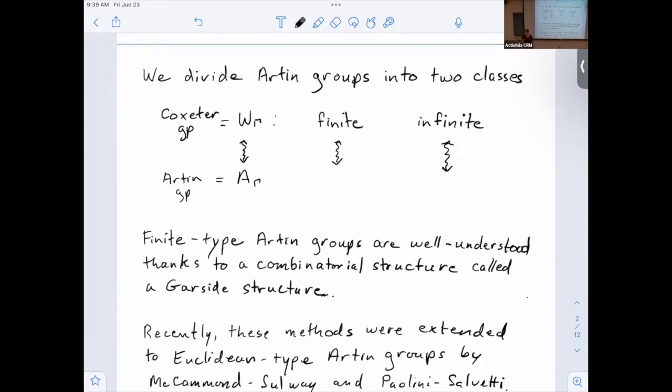The Artin groups are always infinite, but it matters whether their corresponding Coxeter groups are finite or infinite. So we have names for this.